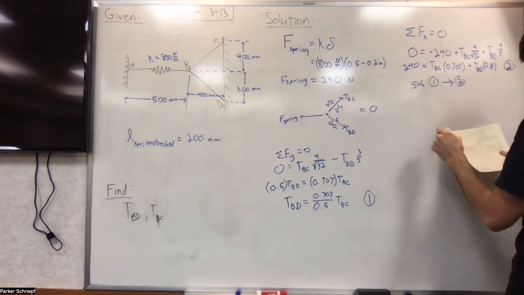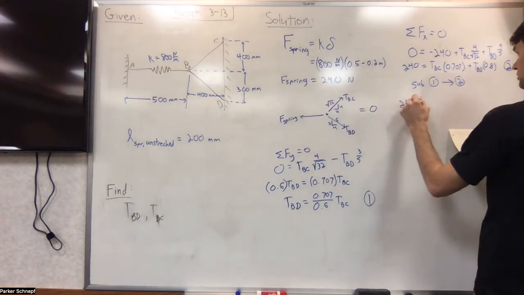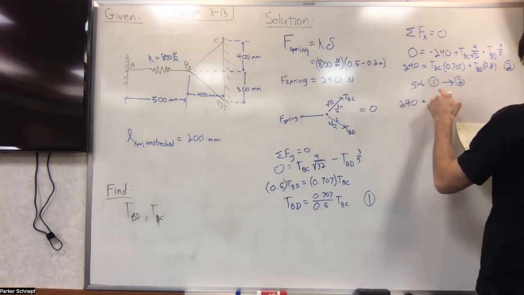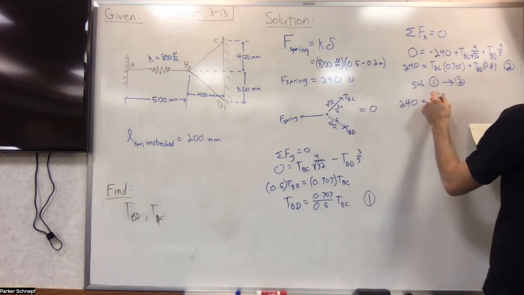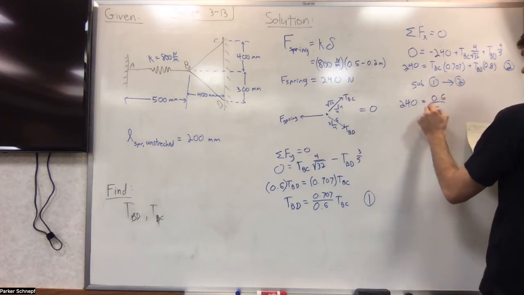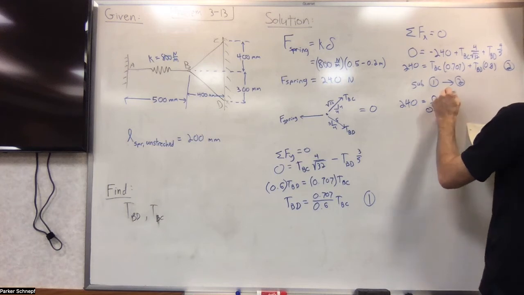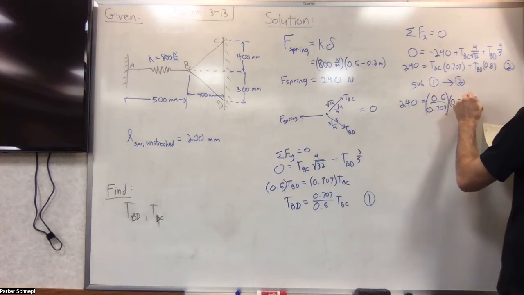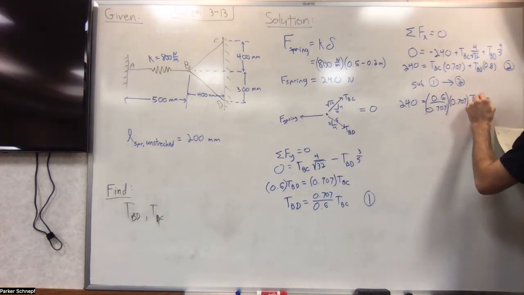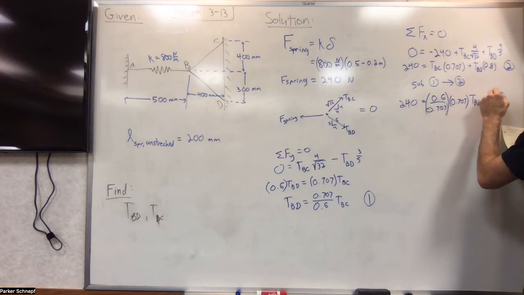And when I do that, I end up with 240 equals, replacing TBC with TBD, 0.6 divided by 0.707 times 0.707 TBD plus 0.8 TBD.